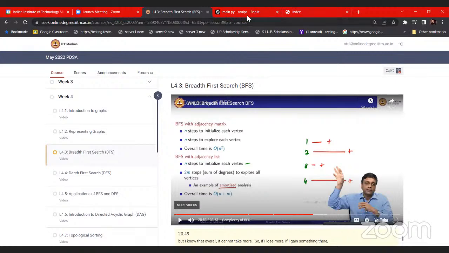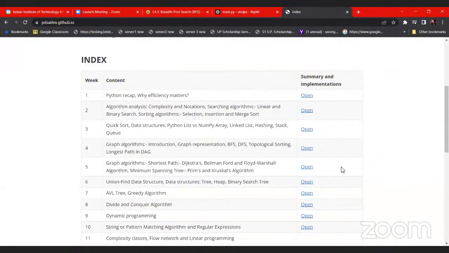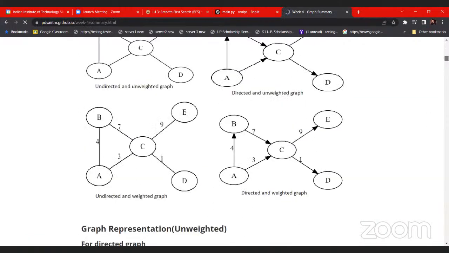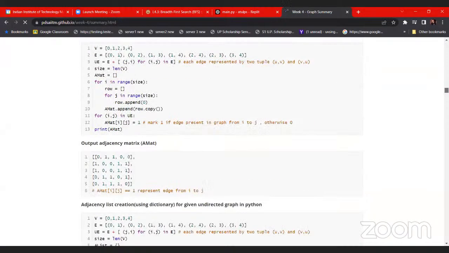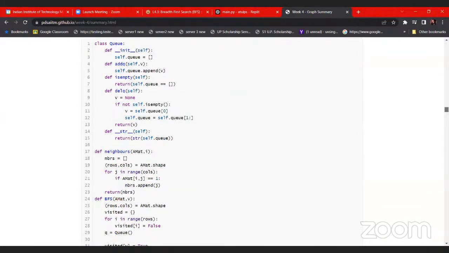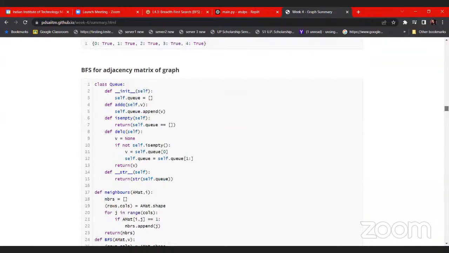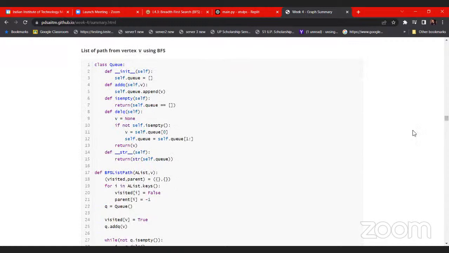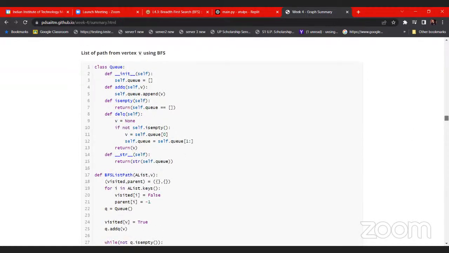You have to see the algorithm as well. Okay, so just wait here. So that was search BFS, and this is I think adjacency matrix, and this is the list.